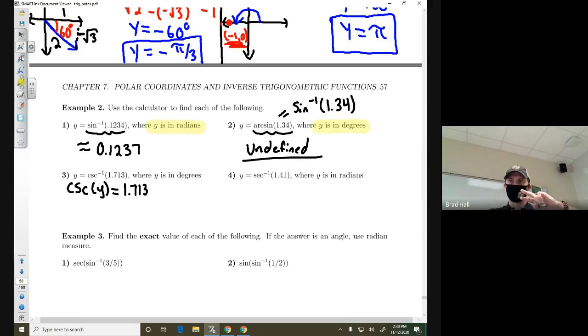And now we can flip both sides. Because what happens when you flip cosecant? You get sine. So this is the reciprocal of cosecant. You can flip cosecant to get sine, but if you flip one side, you have to flip the other side.